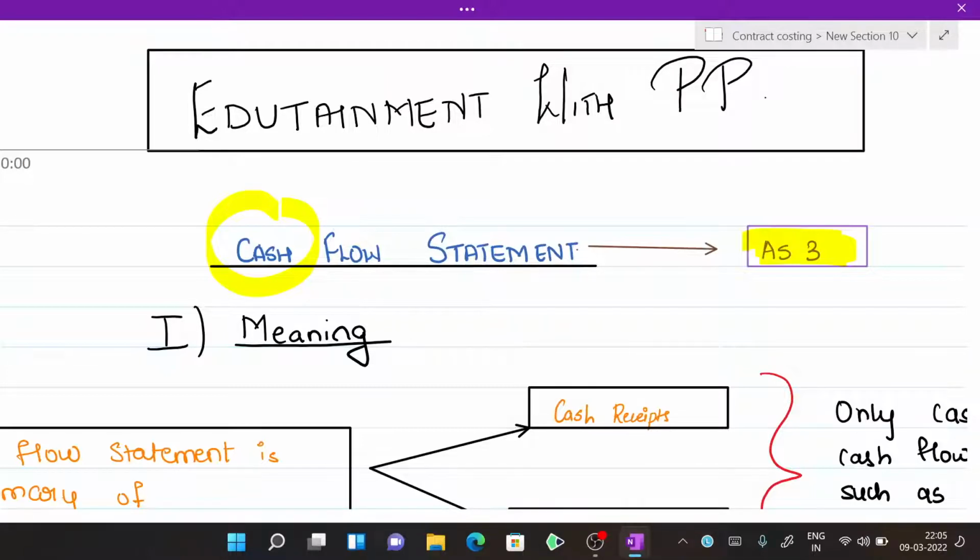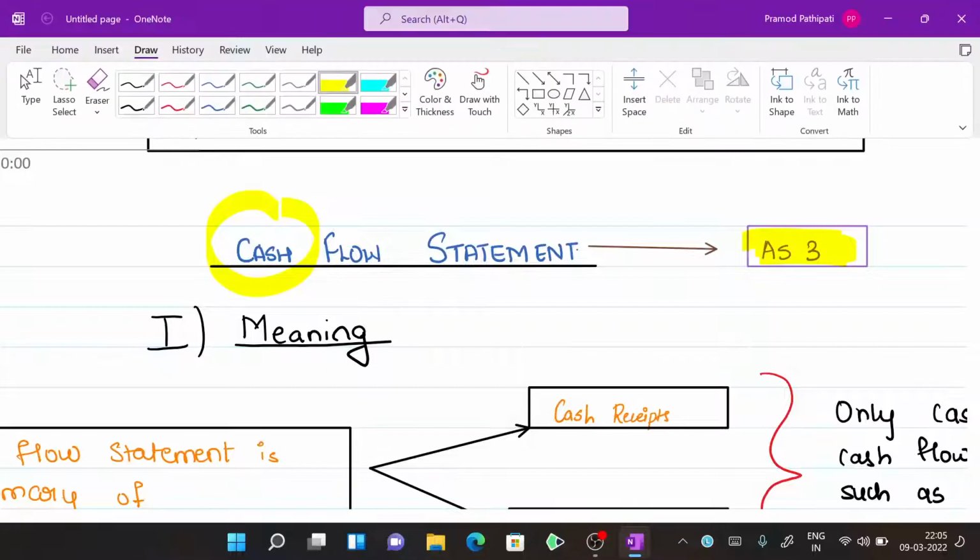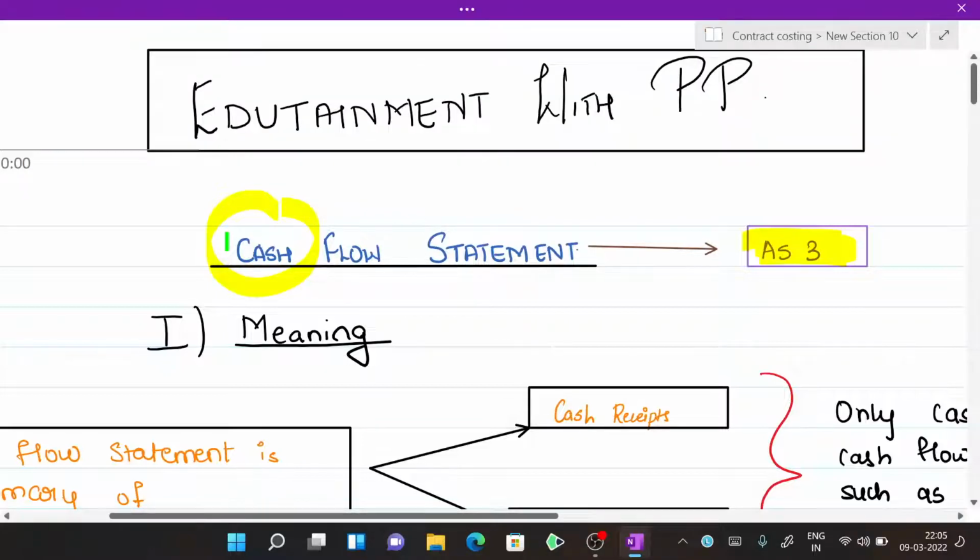But now we are going to start the cash flow statement, and first let us understand what we mean by cash flow statement. The simple meaning, as the name suggests: cash, the meaning of which we will understand further in this video. Cash, simply cash, or other things which are included in cash.